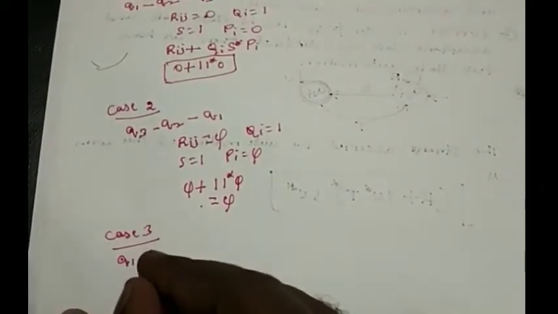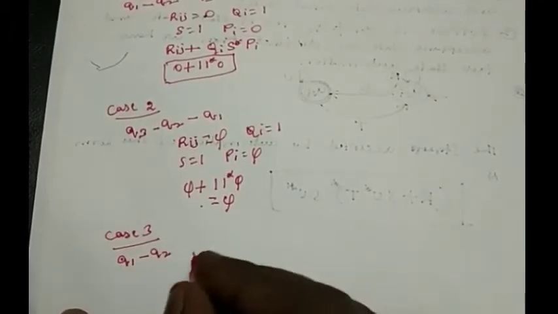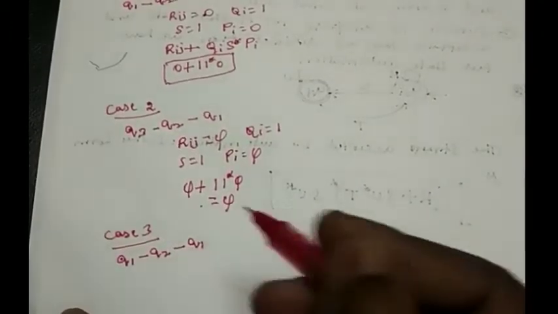Now we will put together case 3. So what is case 3 here? Now Q3, Q2, Q1 have been taken into account. The next possibility is Q1 as the predecessor state, Q2 as an intermediate state, and again Q1 as the successor state, so it is returning back to Q1 itself.